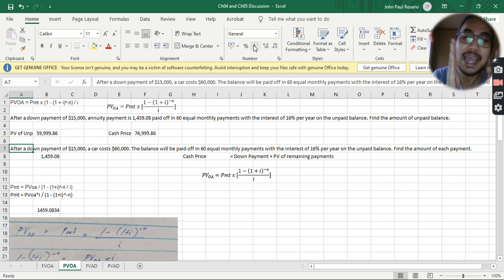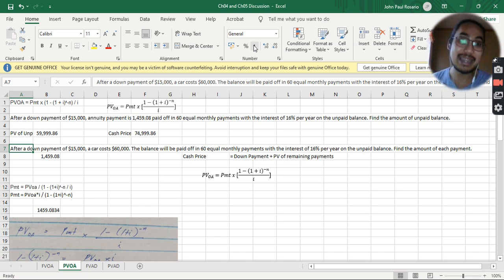The statement says before a down payment of 15,000, the car costs 60,000. So how much is your remaining unpaid balance? That's 60 minus 15. But since the statement is after the down payment of 15,000, a car costs 60,000, it means the total cash price is 60 plus 15, so 75. And the unpaid balance is, as stated here, 60,000.